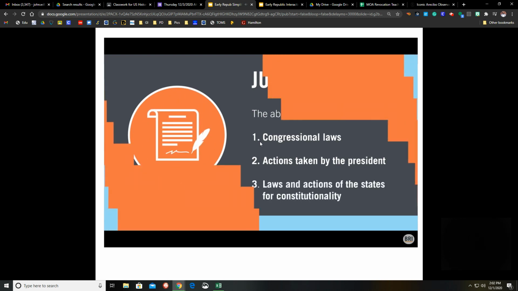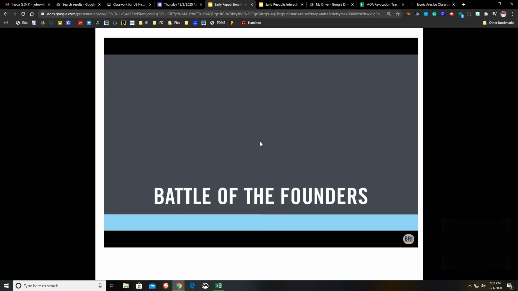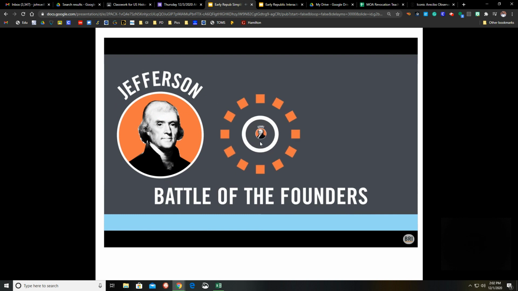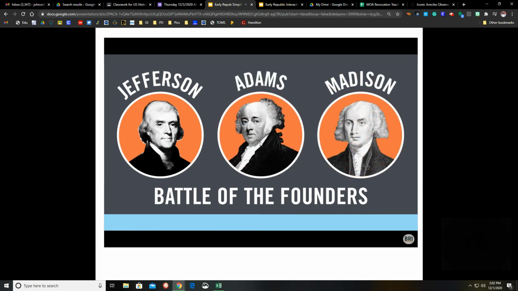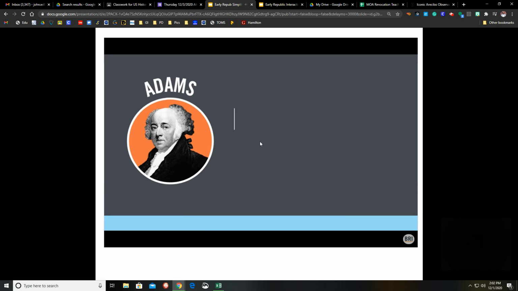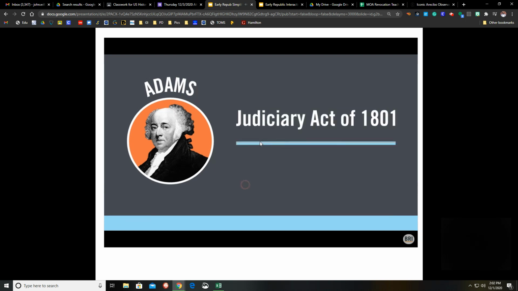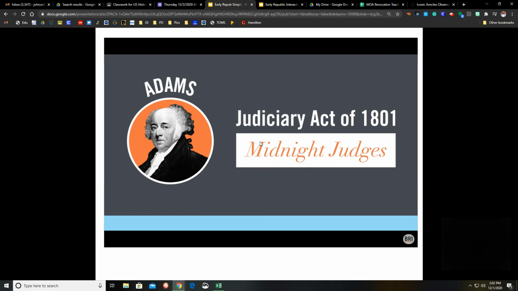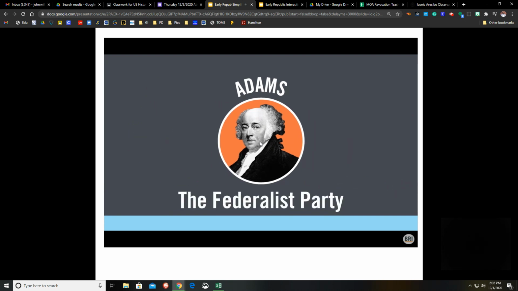But it wasn't always this way, and it was a confrontation that involved three famous founding fathers, Thomas Jefferson, John Adams, and James Madison. You see, when Adams was president, he was given authority from the Judiciary Act of 1801 to appoint a number of midnight judges who were a small group of judges in the Federalist Party, which was the same political party that Adams belonged to.